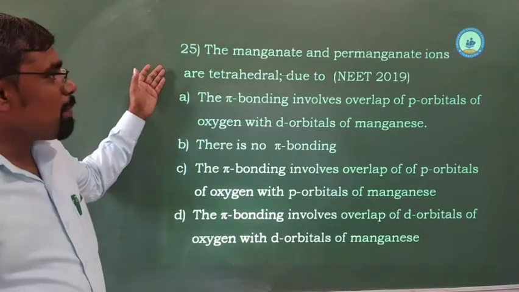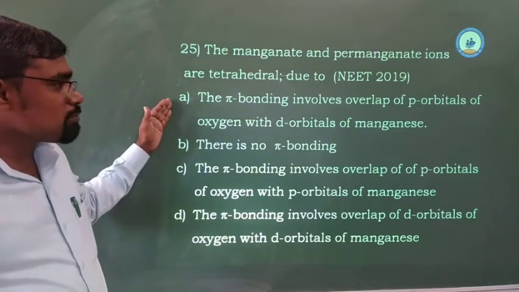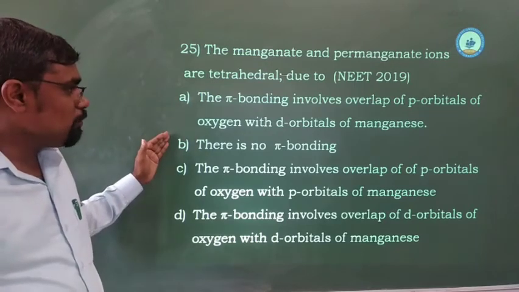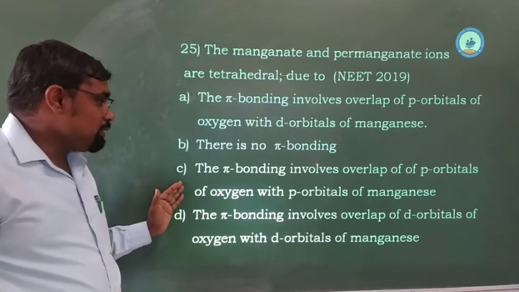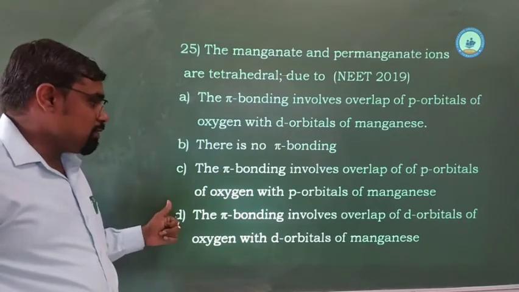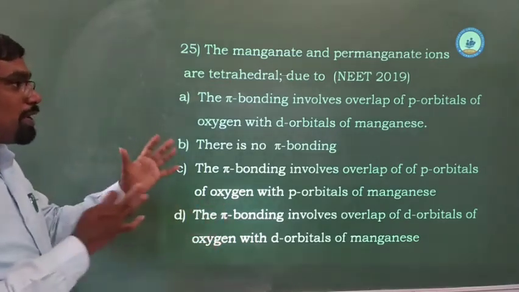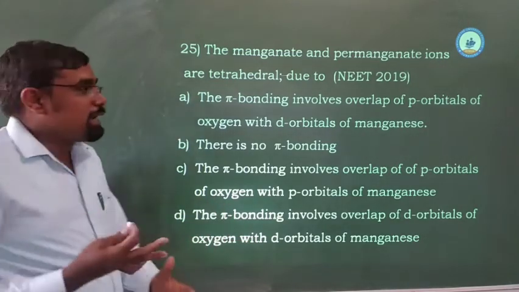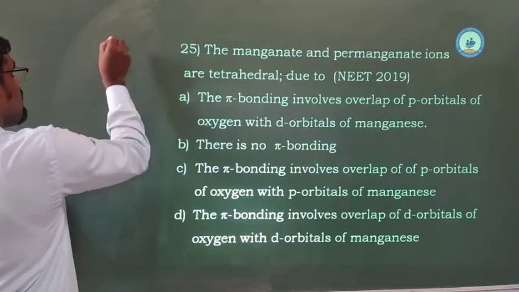So next question: the manganate and permanganate ions are tetrahedral due to the pi bonding involving overlap of p orbitals of oxygen with d orbitals of manganese; there is no pi bonding; or the pi bonding involves overlap of p orbitals of oxygen with p orbitals of manganese. That is, they are asking about the bonding between the oxygen and manganese. Now we see the structure of permanganate and manganate.